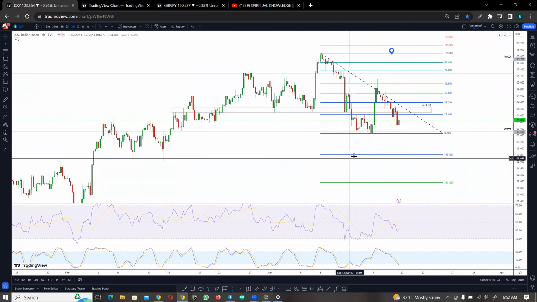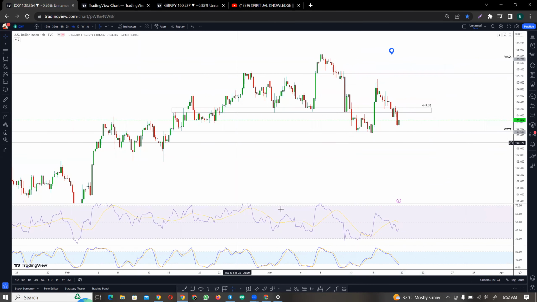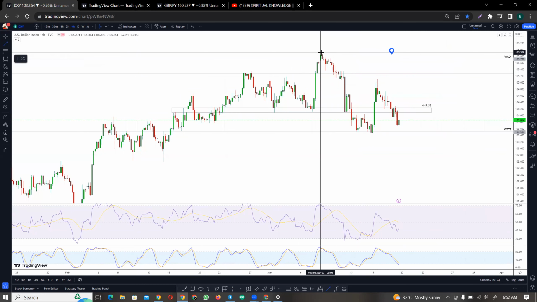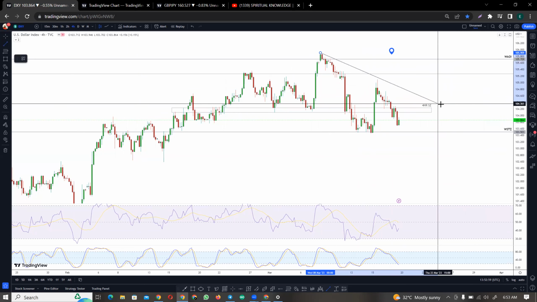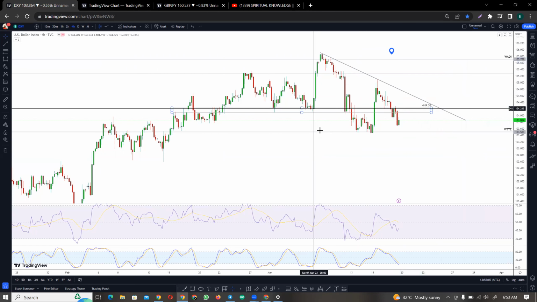Yes. We are bearish. So let me put a trend line there that shows that we are bearish. I will put this trend line. This trend line, there's something I noticed yesterday.